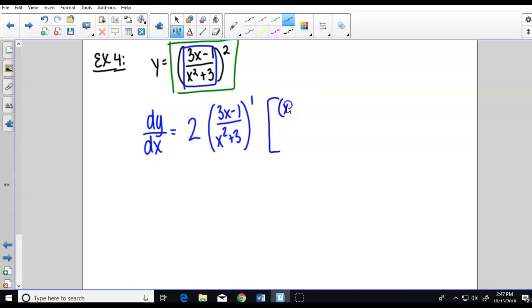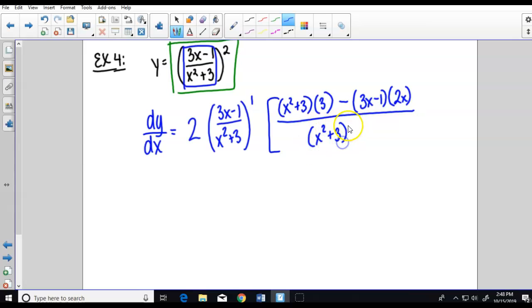So we'll have x squared plus 3 times the derivative of the top, which is just 3, minus the top, which is 3x minus 1, times the derivative of the bottom, which is 2x, all over x squared plus 3 squared.